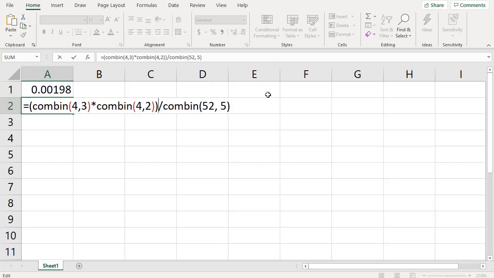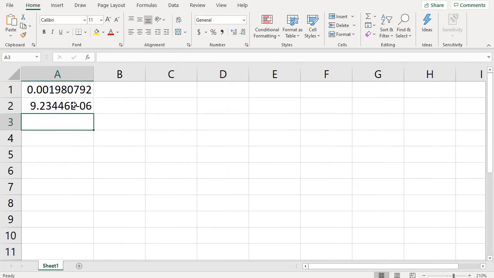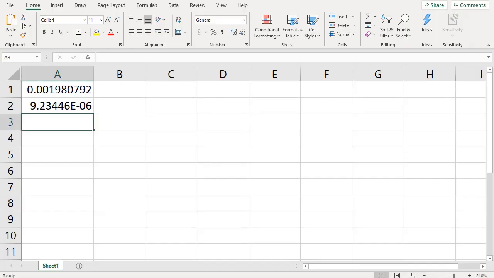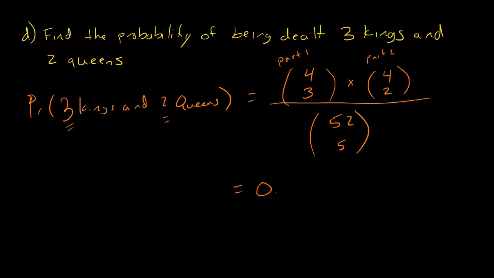Okay, press enter, and you have this very small number, E minus 06. That means to move the decimal over to the left 6 places. So I'd have 1, 2, 3, 4, 5 zeros, because that's 1, 2, 3, 4, 5, 6. Okay, so 5 zeros and then a 9. Very, very unlikely outcome of being dealt those 3 kings and 2 queens.